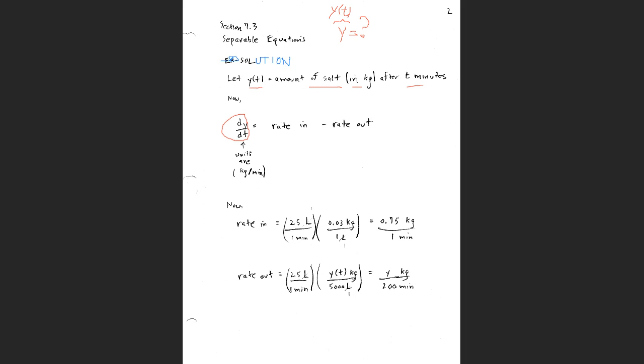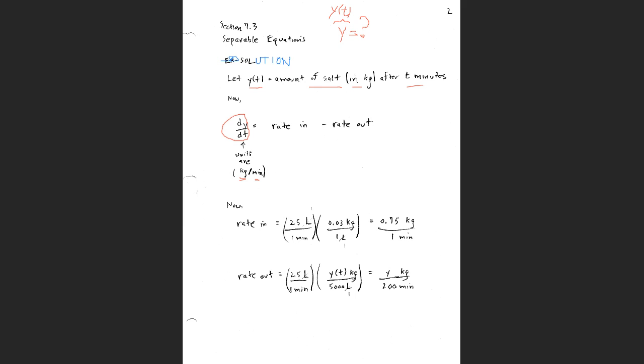The units are in kilograms, and time is in minutes. So the rate of salt flow with respect to time is dy/dt. In this problem, we have a briny solution coming in, contributing salt to the solution, but remember the tank had water in it.